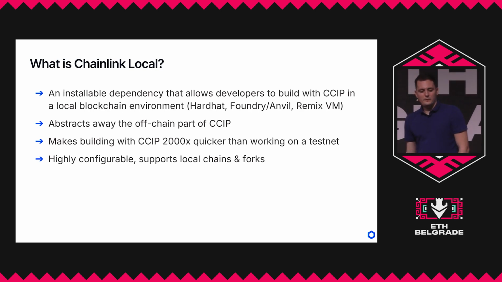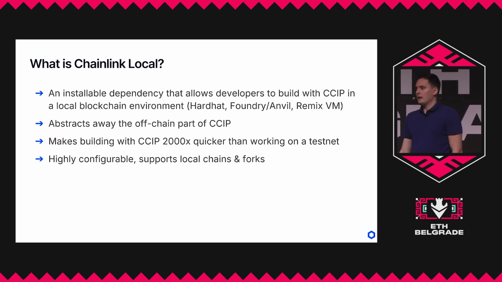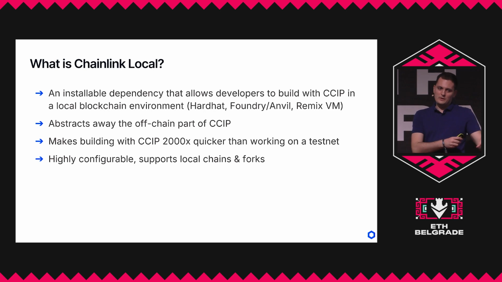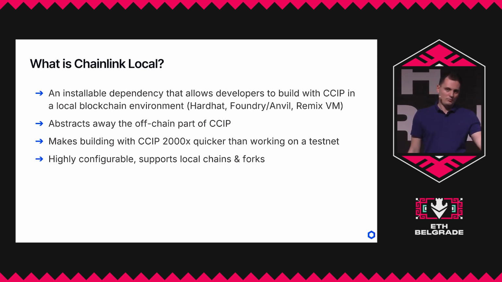It's also highly configurable and supports local chains and forks. That means we created a new set of smart contracts so that if you want to test with specific chains, like Arbitrum to Optimism, for that particular block and that particular state, you can also do that with the same speed.